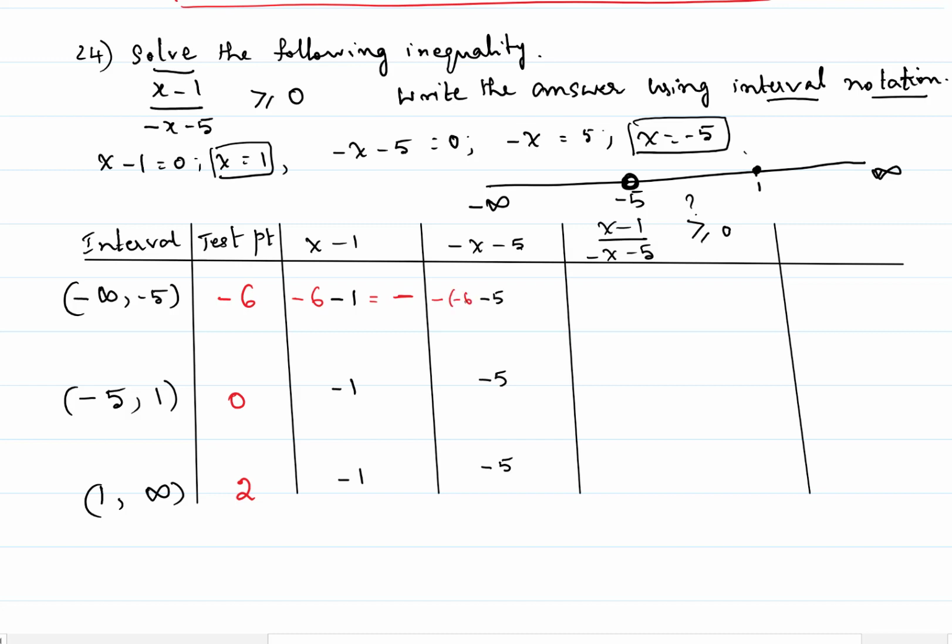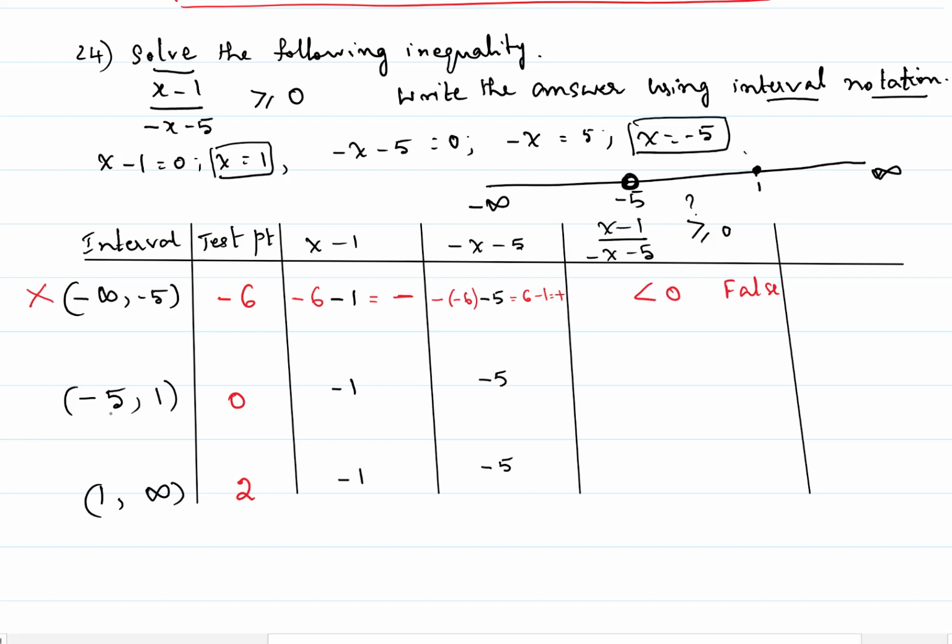It is the negative of negative 6, which is positive 6, and positive 6 minus 5 is positive. Now I divide the sign of x minus 1 by the sign of negative x minus 5, which is negative over positive, which is negative. For this inequality to be true, it has to be at least 0. Because it is less than 0, it's not okay. It is a false statement. So this interval, negative infinity to negative 5, is not part of the solution set.